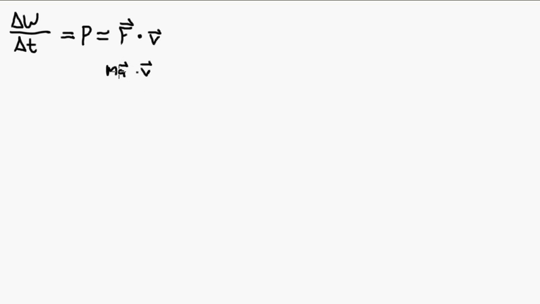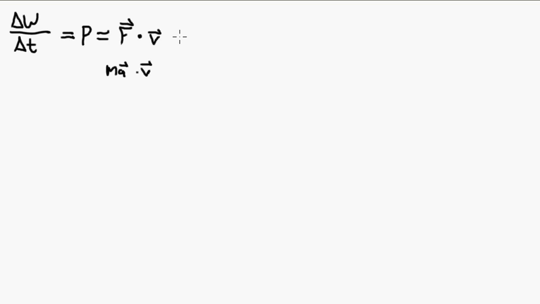If a dot v is positive, then we're speeding up; if it's negative, we're slowing down. Here we're just multiplying by m. So if this is positive, you're speeding up, which means you're gaining energy in the system. If it's net less than 0, you're slowing down, which means you're losing energy. So this works exactly the same way.